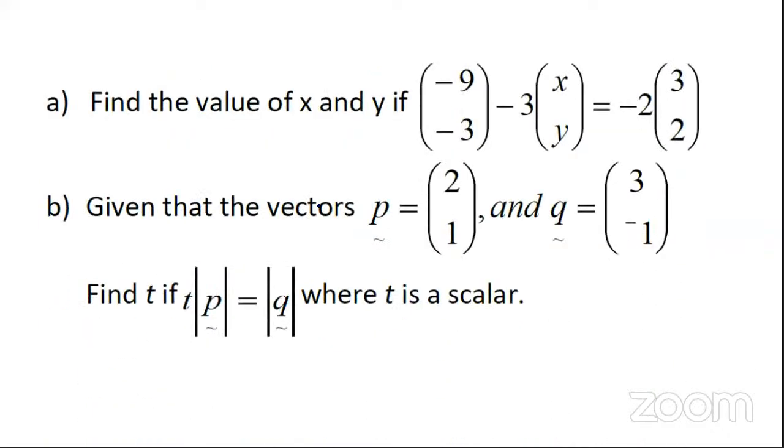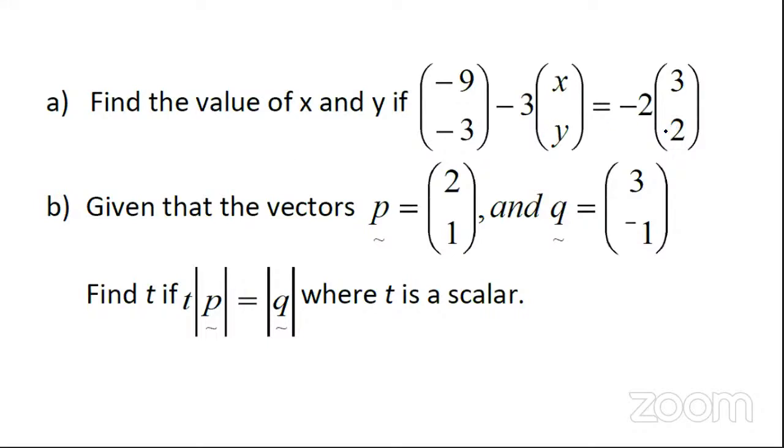Now, there's another one here, which I'm sure you can now work out. We are being told to find the value of x and y if this is equal to the other one.